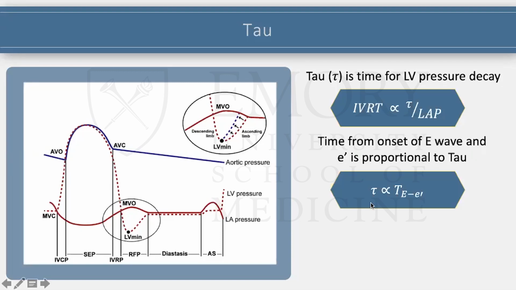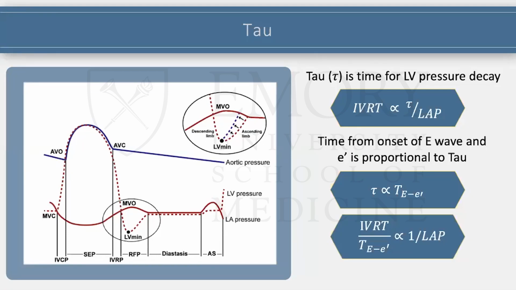It then has been empirically studied that this very short time interval between the beginning of your E wave and the beginning of your E prime wave correlates well with your tau. So this has just been studied empirically, and we know that basically as that time lengthens, so will your pressure decay time.